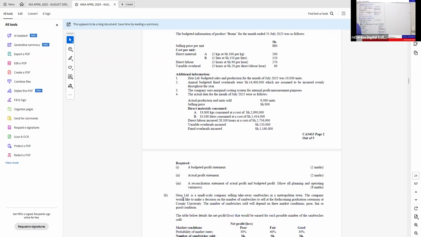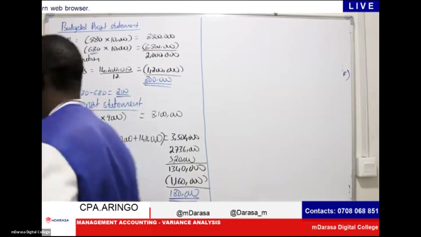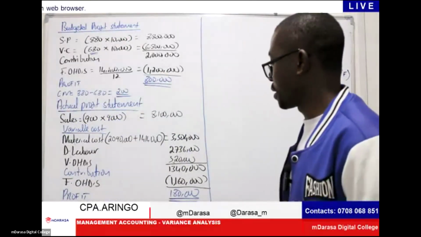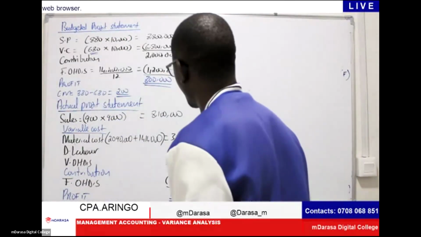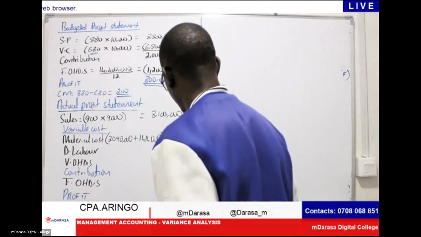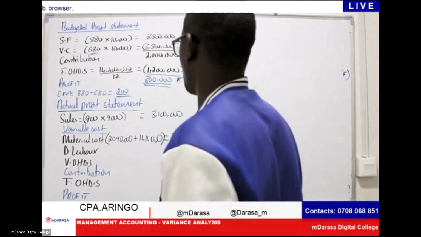Look at note 3. A reconciliation statement of actual profit and budgeted profit. Show all planning and operating variances. Number one, you realize that these profits are not the same. We have a difference in our profit.